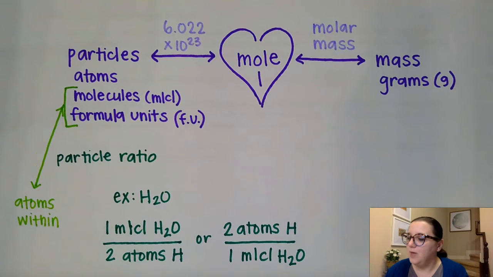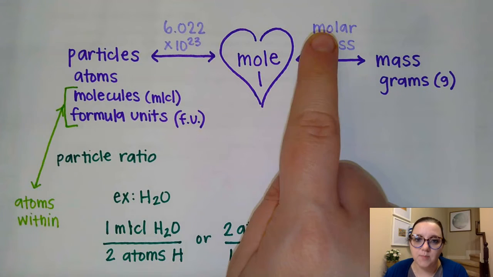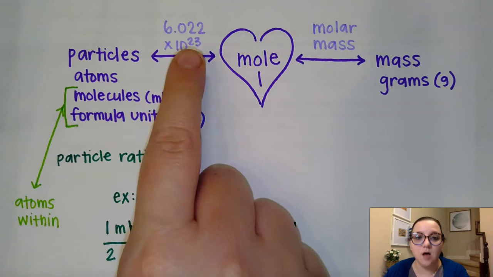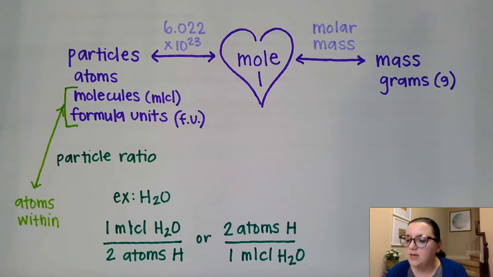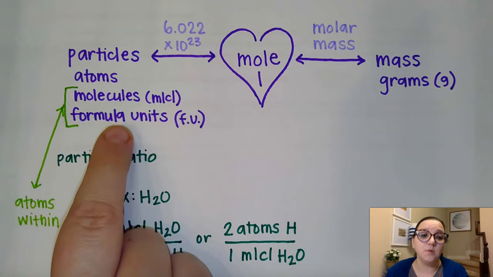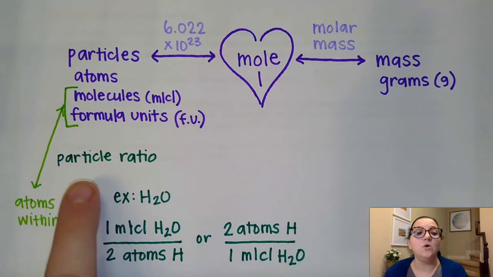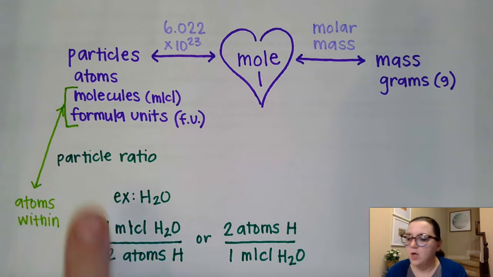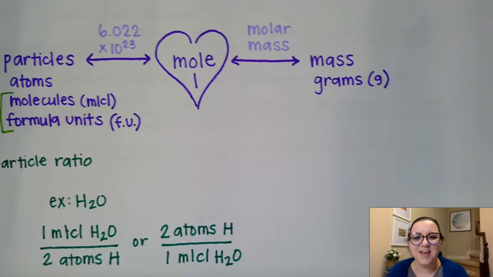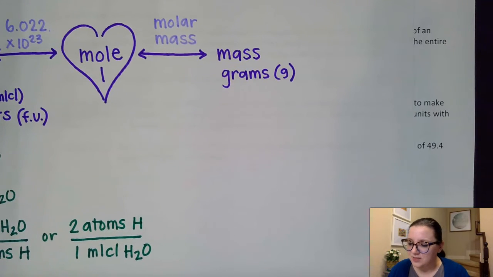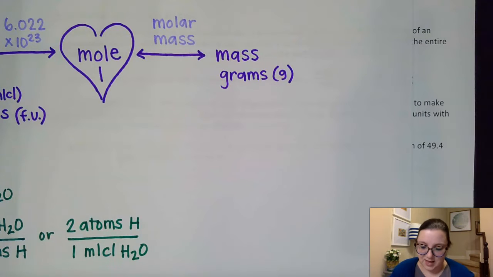So again, we have our moles to mass using molar mass, moles to particles using Avogadro's number, and we said if we're trying to get between molecules and formula units and atoms within one of those compounds, we could set up a particle ratio. Well, this time we're going to be adding to the other side of this chart. So let's talk about this mass side here.